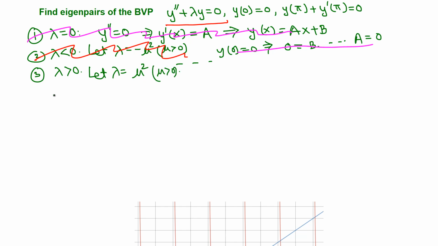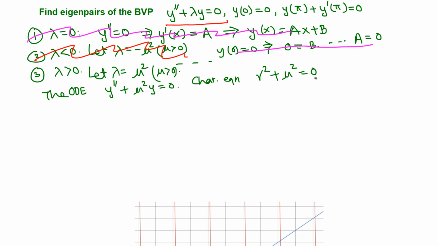In this case, the ODE is y'' + μ²y = 0. To solve this, we find the characteristic equation, which happens to be r² + μ² = 0.